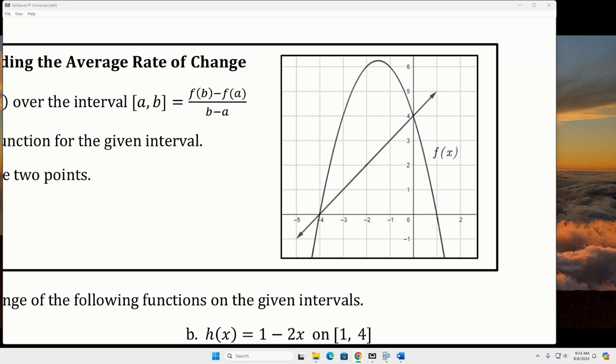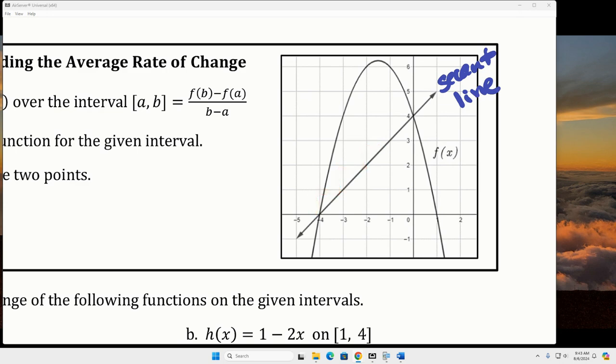And the average rate of change on the interval from -4 to 0 is going to be the slope of this secant line. Can you tell what the slope is of that line? It's 1, because you're going up 1, right 1, up 1, right 1.